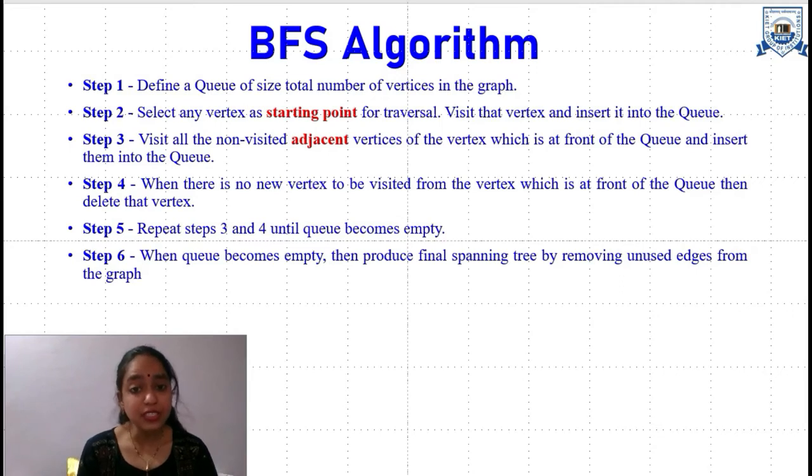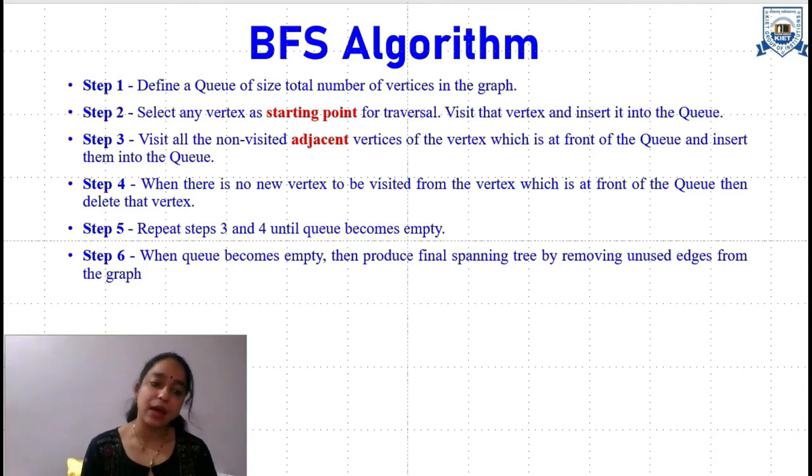When there is no new vertex to be visited from the vertex at the front of the queue, we delete that vertex. We repeat steps 3 and 4 until the queue becomes empty, and then we produce a final spanning tree by removing the unused edges of the graph.